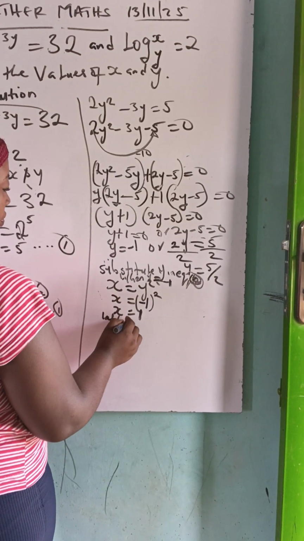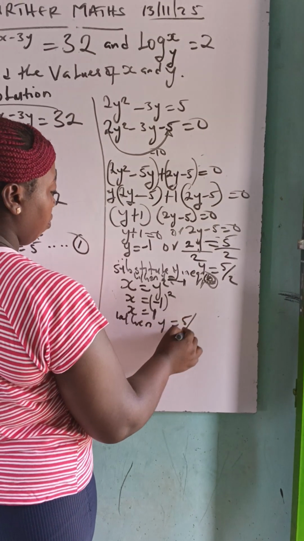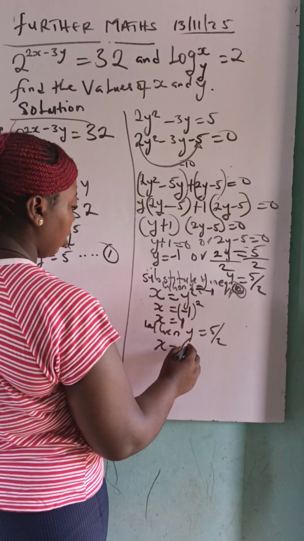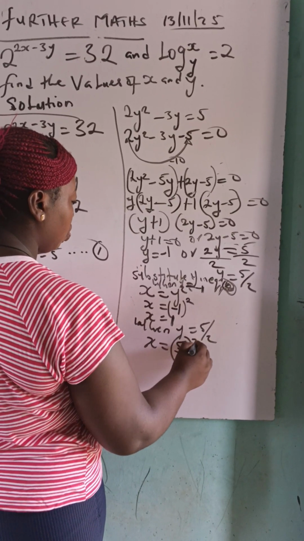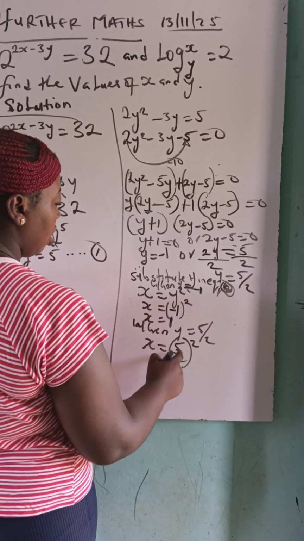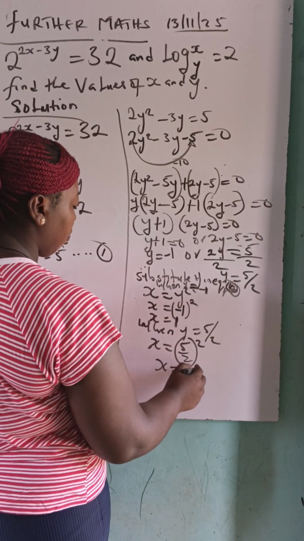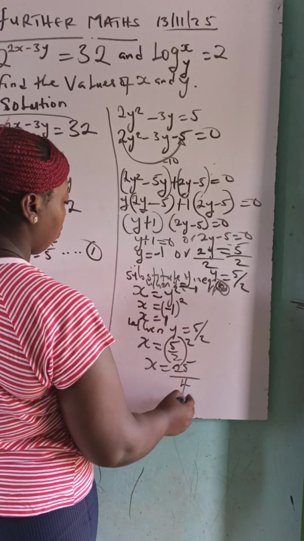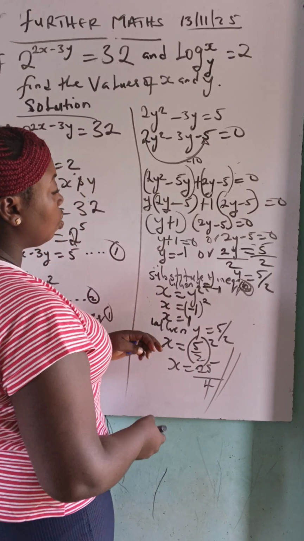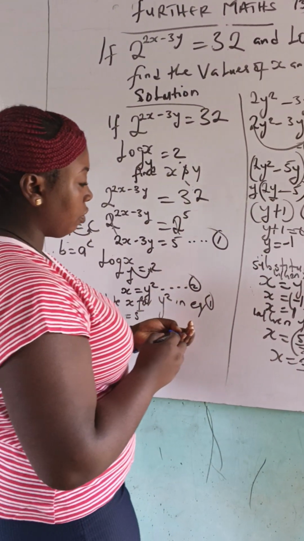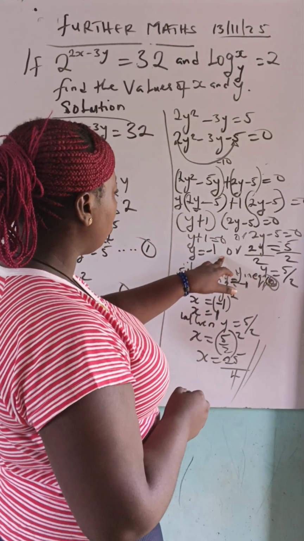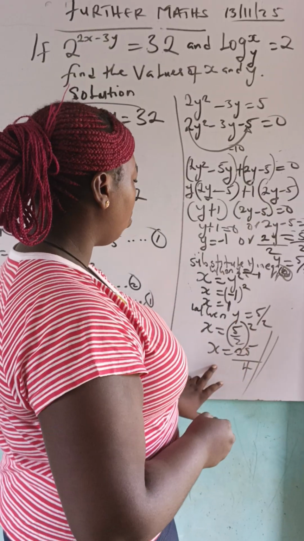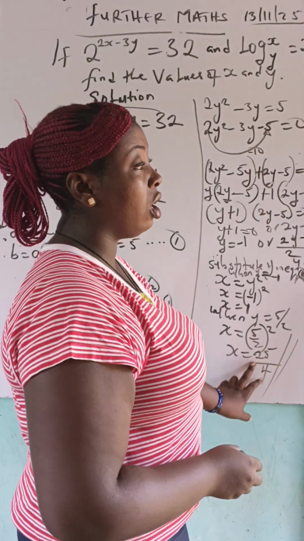Now when y is equal to 5 over 2, our x will be equal to y squared, that is 5 over 2 squared. 5 squared means 5 times 5, which is 25, and 2 squared means 2 times 2, which is 4. That is our answer. So the value of y is minus 1 or 5 over 2, and the value of x is 1 or 25 over 4.